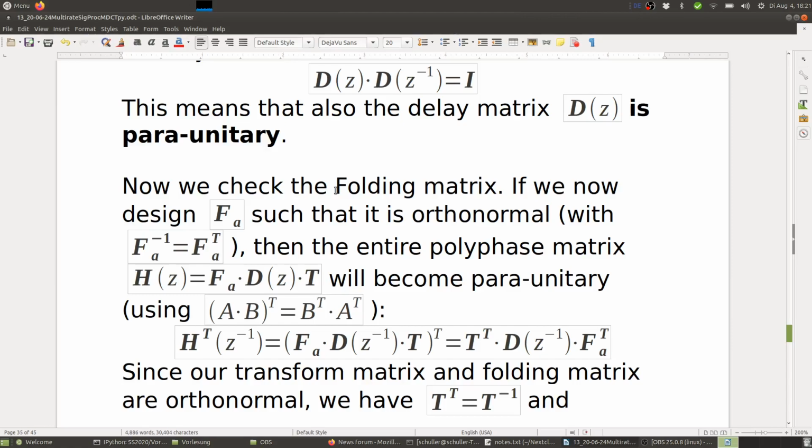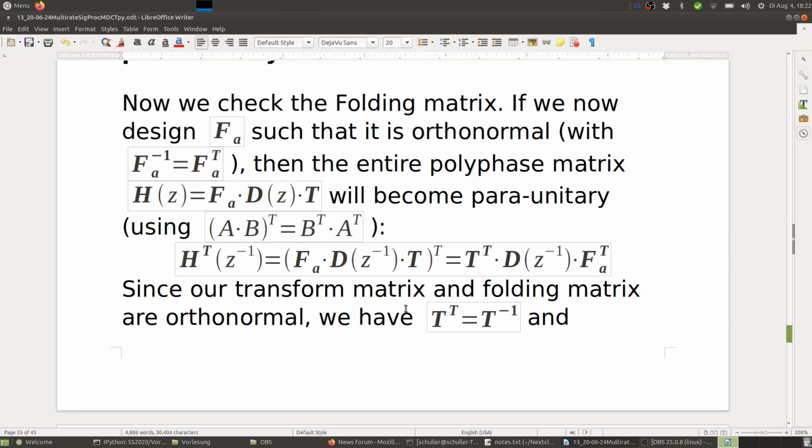Now we check the folding matrix. If we now design Fa such that it is orthonormal with F inverse equals F transpose, then the entire polyphase matrix Fa times D times T will become paraunitary, using A times B transpose as B transpose A transpose. So here you can see it, H transpose of z to the -1 would be the entire thing transposed, and here in the D matrix you would replace z by z to the -1. Now I take the T inside, which means I need to flip the ordering, and this is what we get.